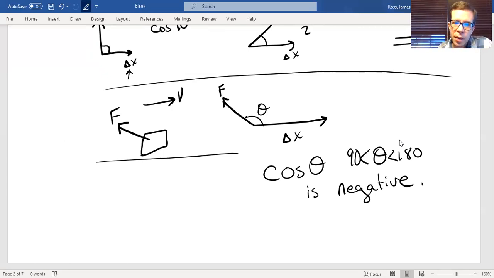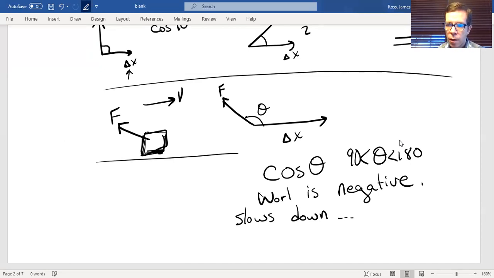What actually happens to this block if we have a force that's acting opposite the direction of motion? It's going to slow down, right? And that's what a negative work means, is that we're taking energy out of the system.